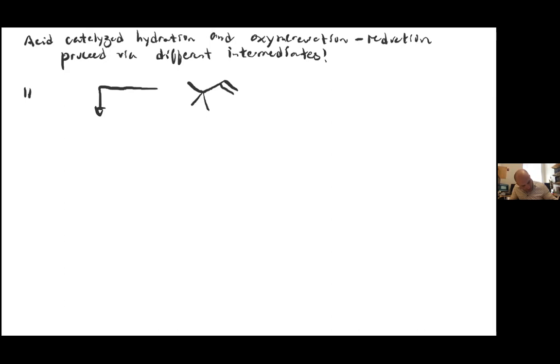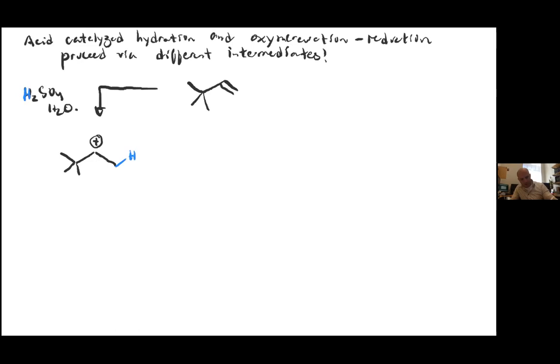If I treat this alkene, for example, with sulfuric acid, I protonate to form a secondary carbocation. And let's do the color coding again.